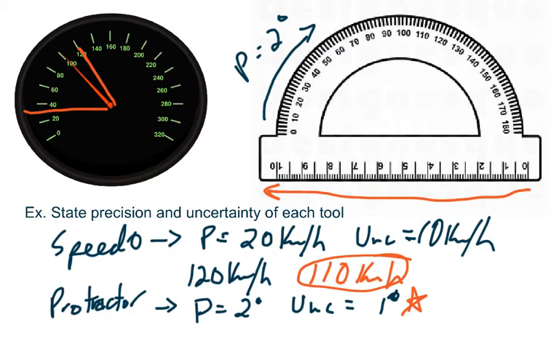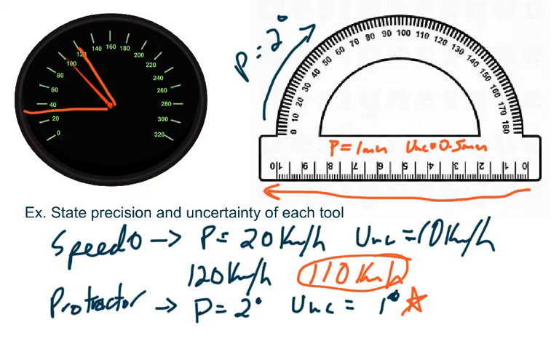But the ruler here at the bottom is going up in 1 millimeter units. So you could say the precision of the ruler is 1 millimeter. So the uncertainty would be 0.5 millimeters. And you could convert those to centimeters if you needed to.